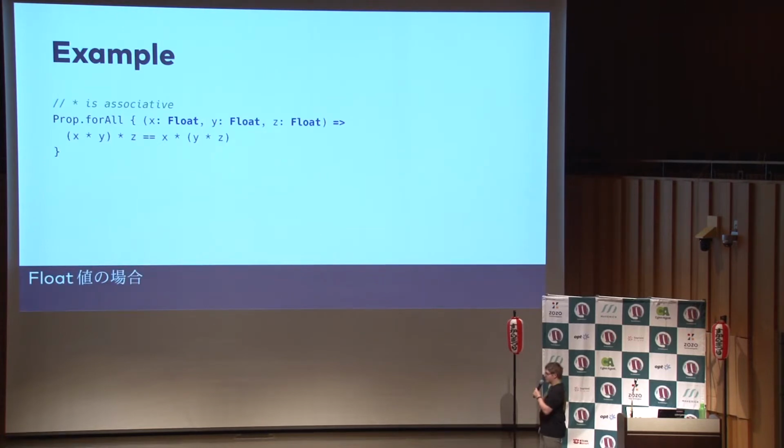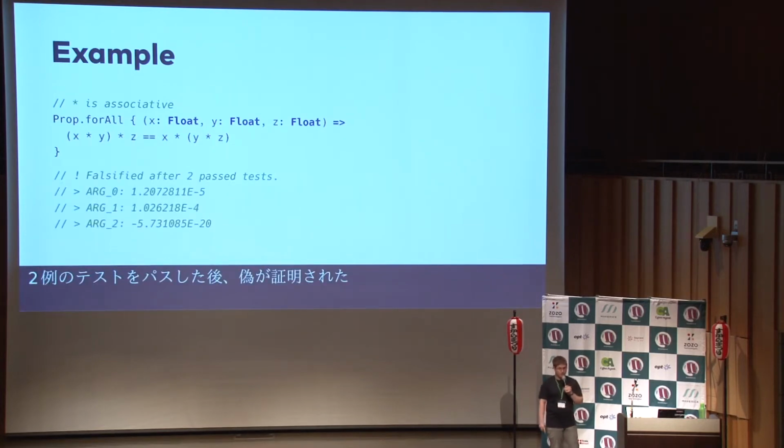Now, what happens if we change that into float? It's the same property, x times y times z, just with different parentheses. But we have a different type. Instead of int, we have floating point numbers. And ScalaCheck will tell us that this does not hold, because floating point arithmetic on your computer works differently.